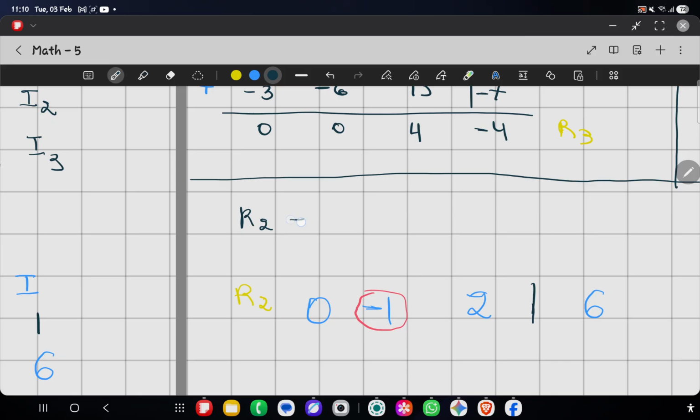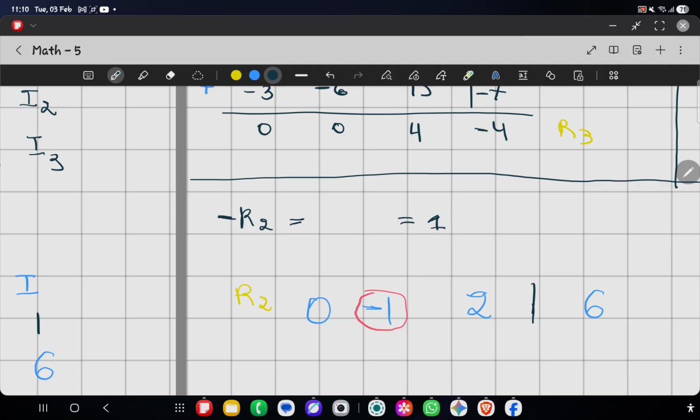In order to turn it into 1, the middle one is actually R22. In order to make it equal to 1, I'm going to multiply the full R2, so then we can get the 1 here.